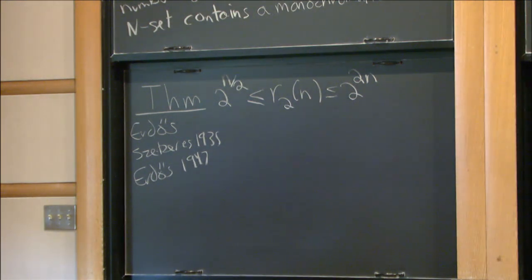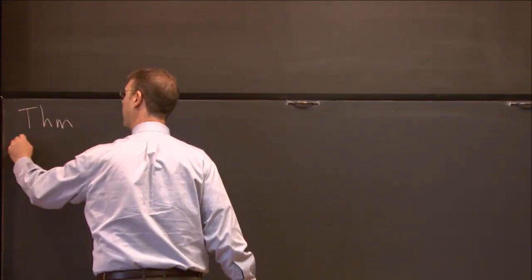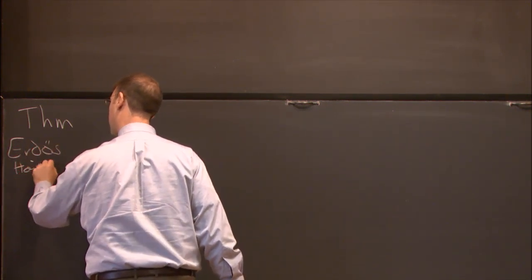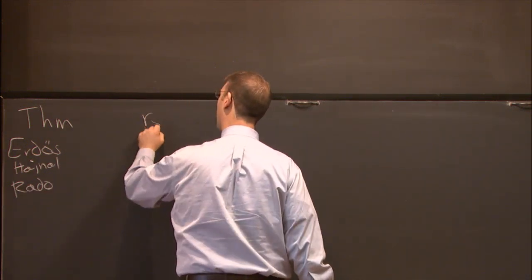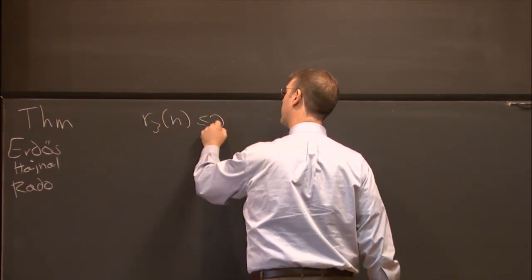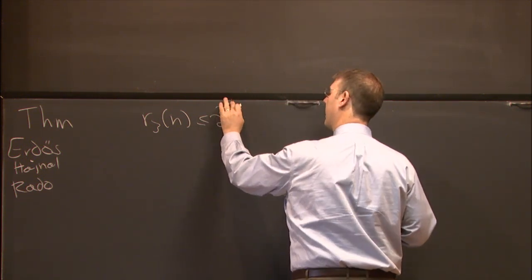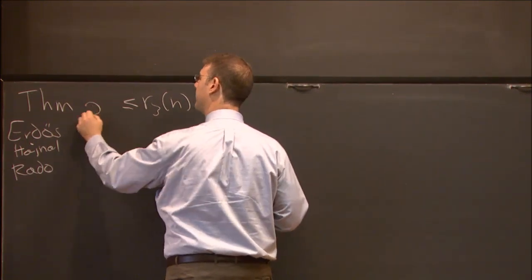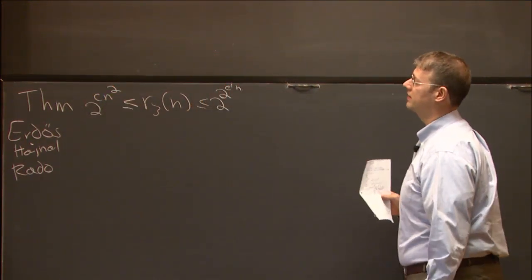So let's see what happens for triples. This is a theorem of Erdős, Hajnal, and Rado. R_3 of n is at most 2 to the 2 to the c' n. c and c' are absolute positive constants, and the lower bound is 2 to the c n squared.